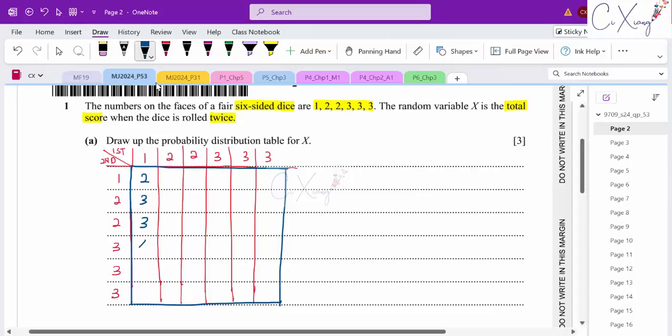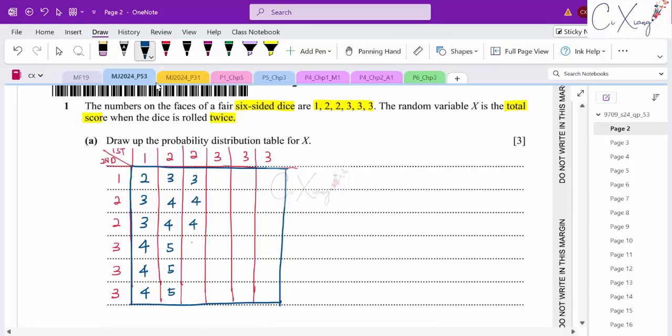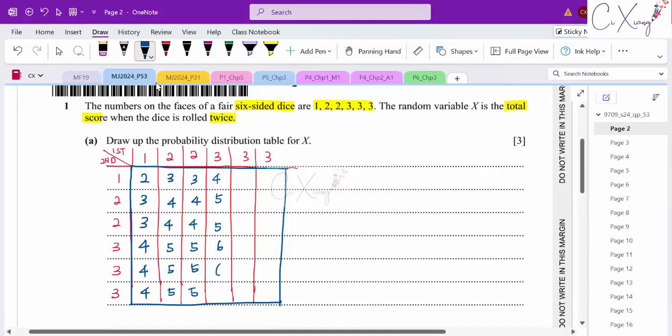Okay, so when you list out all the possible outcomes, you can see all the numbers here will be the values of X. Okay, right.